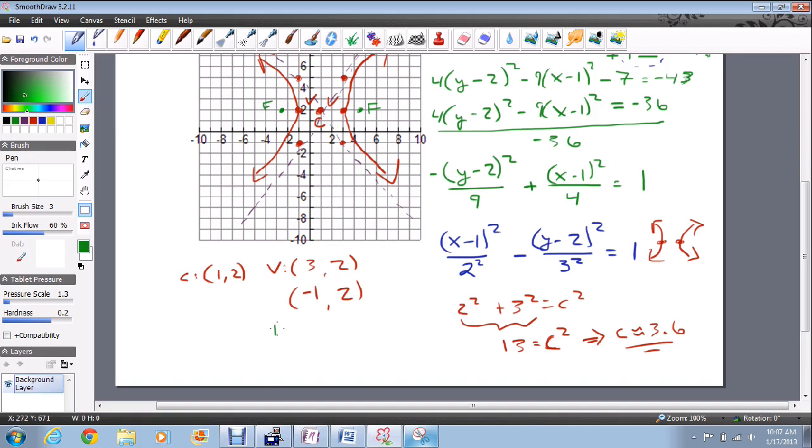If we identify those points, the first focus point on the left is at negative 2.6 and 2. The other focus point is at 4.6 and 2.